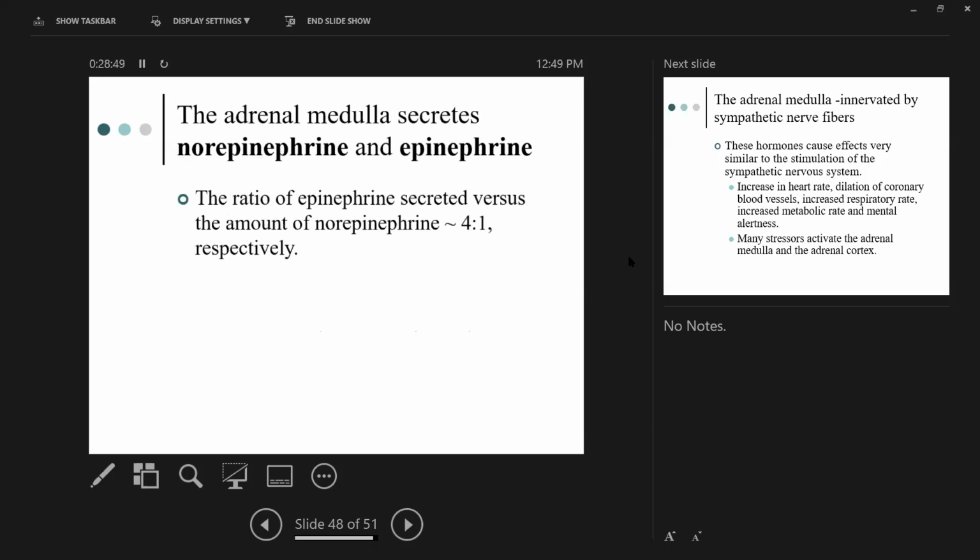All right. What about the medulla? And then here I'll flip it around. The medulla makes catecholamines, and the two that it makes are epinephrine and norepinephrine.